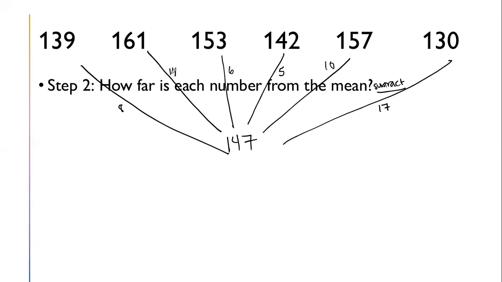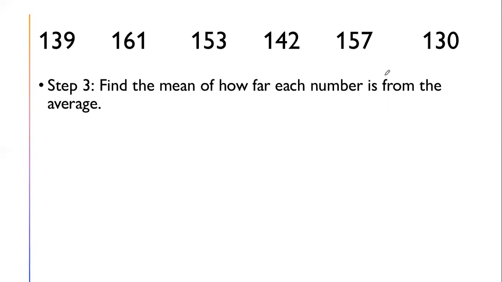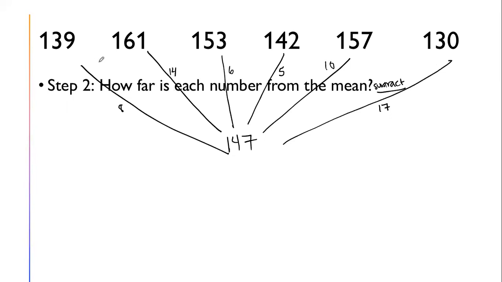This is how far each number deviates from the mean. So step 1, find the mean. Step 2, figure out how far each number is from the mean. So subtract. Step 3, what is the mean of how far each number is from the average? So I'm just going to go back to this slide and do it on this slide.